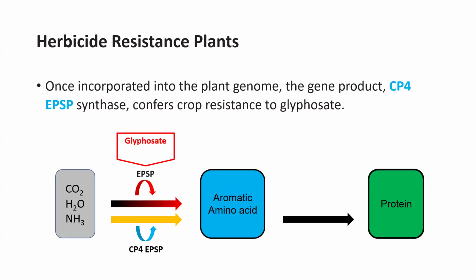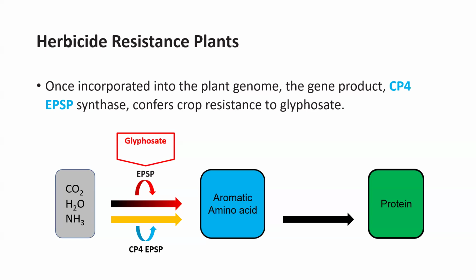So these transgenic plants, the herbicide-resistant plants for glyphosate, have EPSP synthase, which continues to function despite glyphosate application, unlike ordinary plants where this enzyme is inhibited.